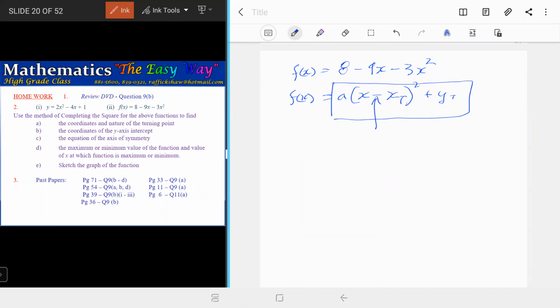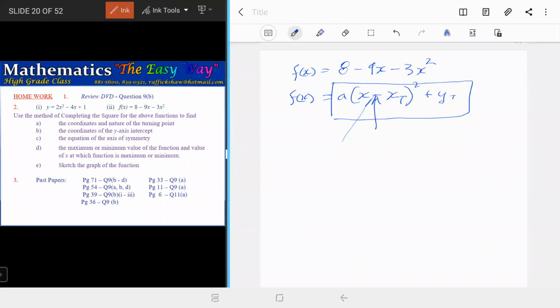You can't put a plus there. If you're using this method, it's x minus xt, because we are using xt as the x value at the turning point. In the formula and the calculation that we use, you must have a minus there. It will work itself out. If it is supposed to become a plus, it will become a plus in the end.